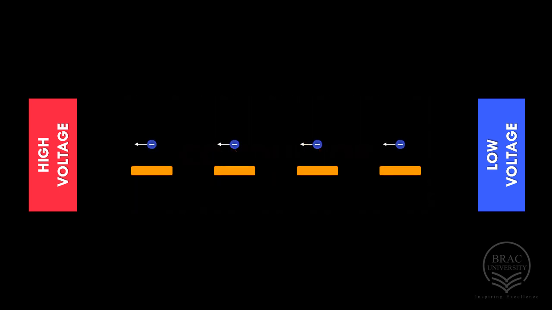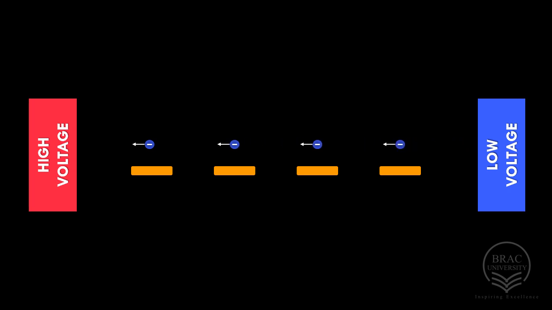Electron on the leftmost atom moves to the higher voltage region, but that creates an empty space. The next electron sees an opportunity to move closer to the higher voltage, so it jumps to the next atom. That in turn creates another empty spot, causing the next electron to move to its position.